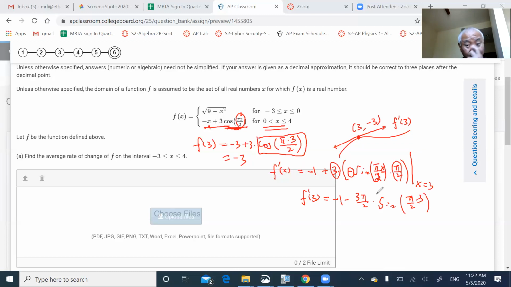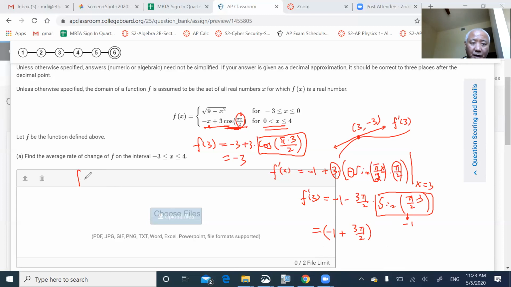Sine of 3 pi over 2 will be -1. So you're going to have -1, negative times negative is positive, so plus 3 pi over 2. This is the slope.